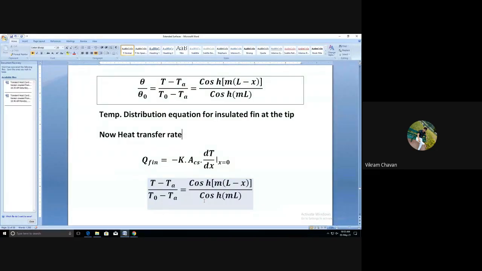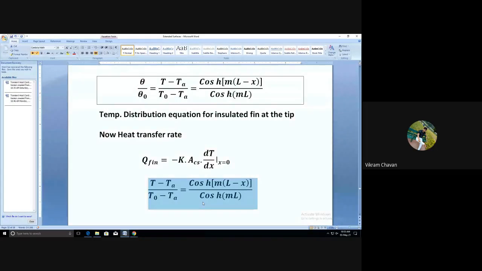So we have the temperature distribution equation, that is (T minus Ta) divided by (T naught minus Ta) equal to cos hyperbolic of m (L minus x) divided by cos hyperbolic of m multiplied by L. Now from this temperature distribution equation, we have to determine dT divided by dx at x equal to 0.